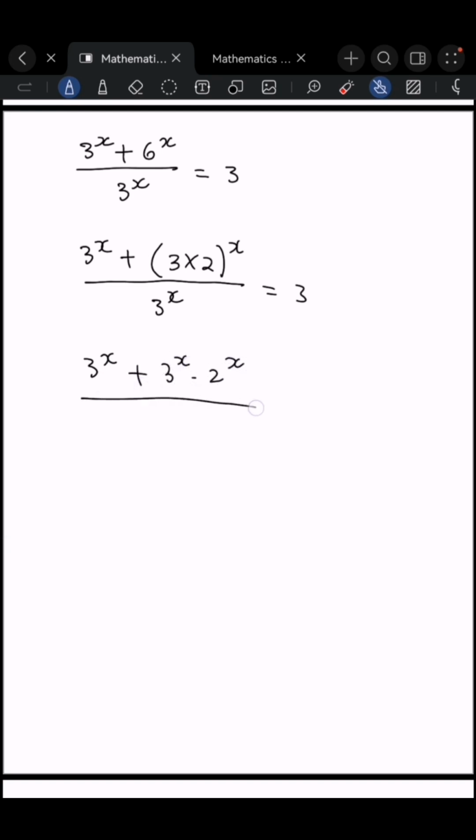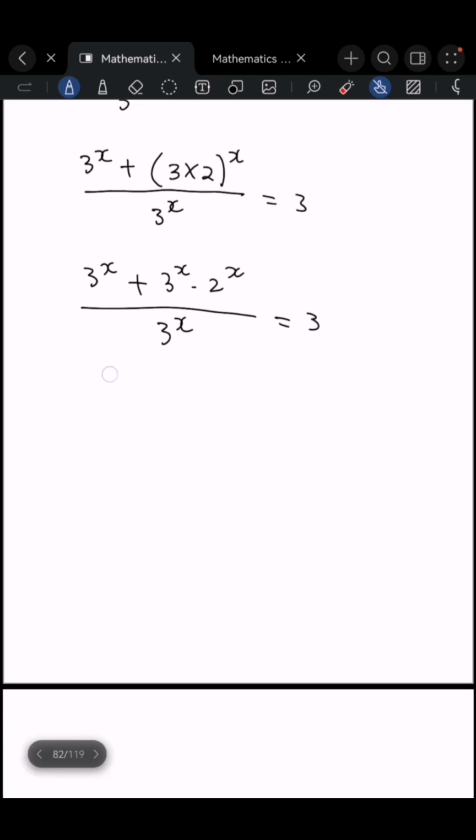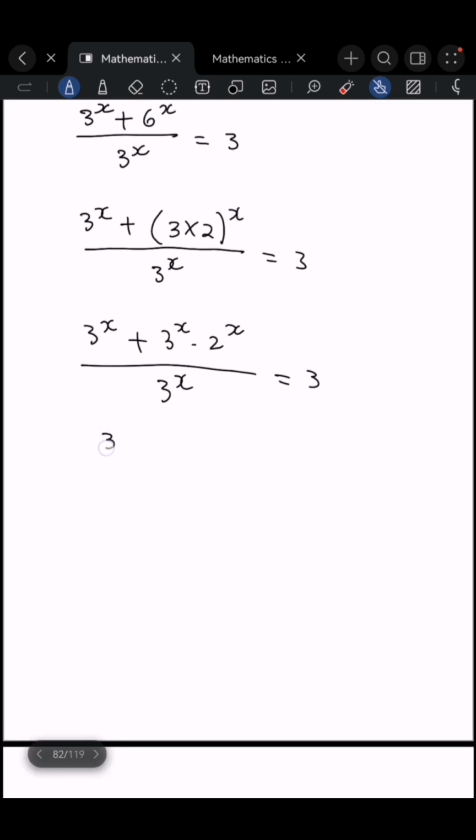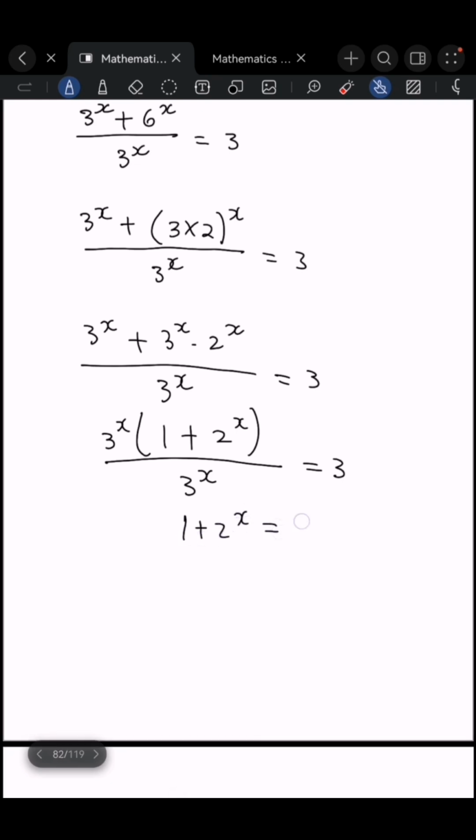Factor the 3 to the x, we have 1 plus 2 to the x divided by 3 to the x is equal to 3. The 3 to the x's cancel. We have 1 plus 2 to the x is 3. Therefore 2 to the x, the 1 comes aside, becomes 2. x is equal to 1.